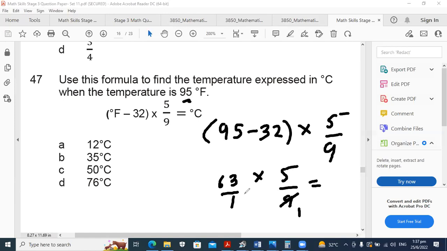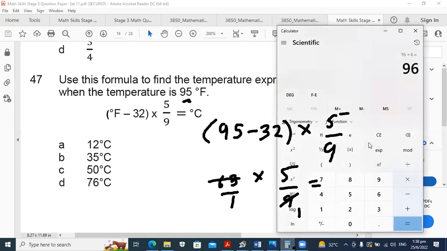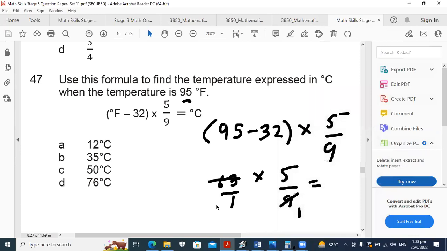Yeah, 7 times 5, 35. Right, and so the answer is 35.